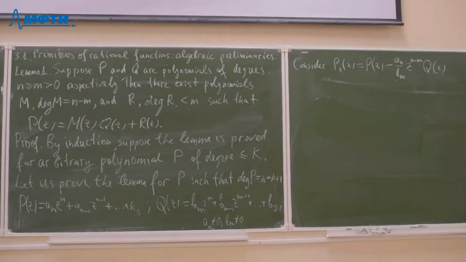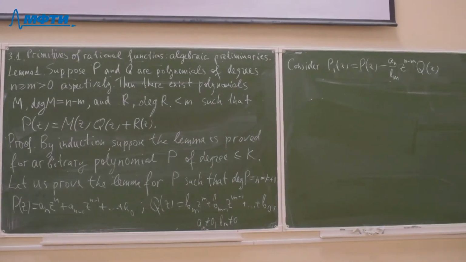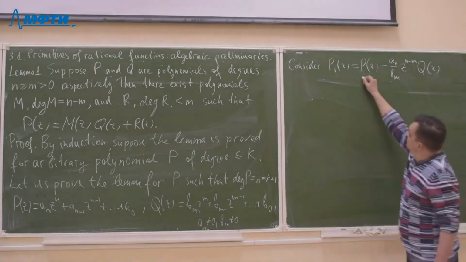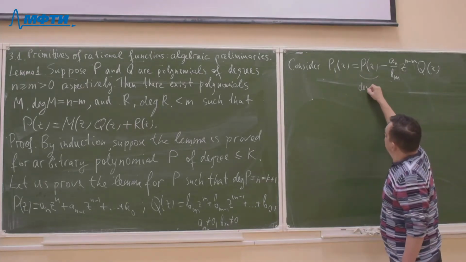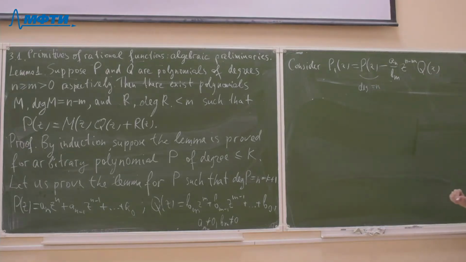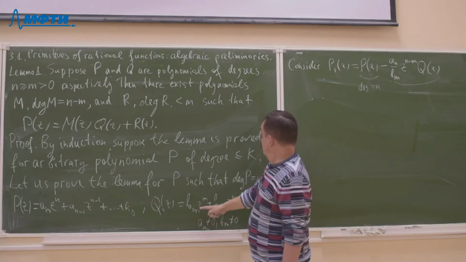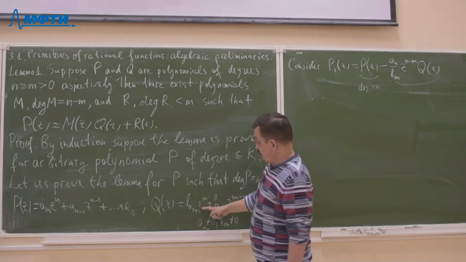Let us think about the degree of this polynomial. So we multiply Q of z by z to the power n minus m.